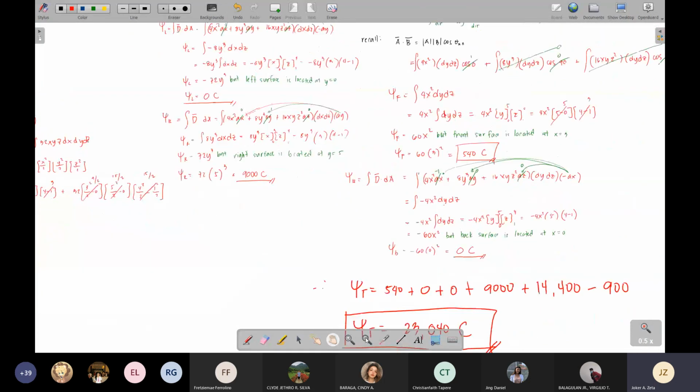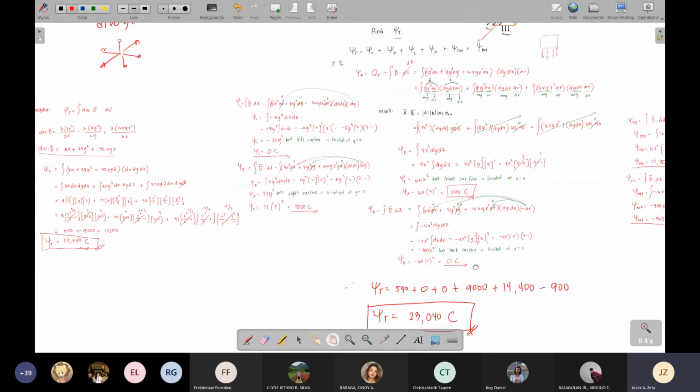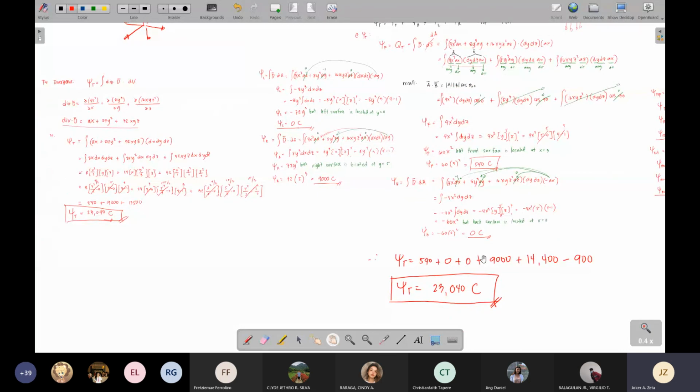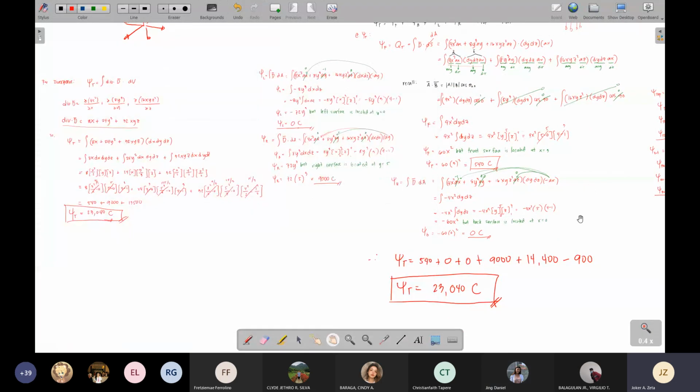So far, any questions? Questions regarding Gauss law and divergence? Okay, none. Now, as you can see here, it is easy because it is just integral and differential. You only have to remember the integral and differential formulas.